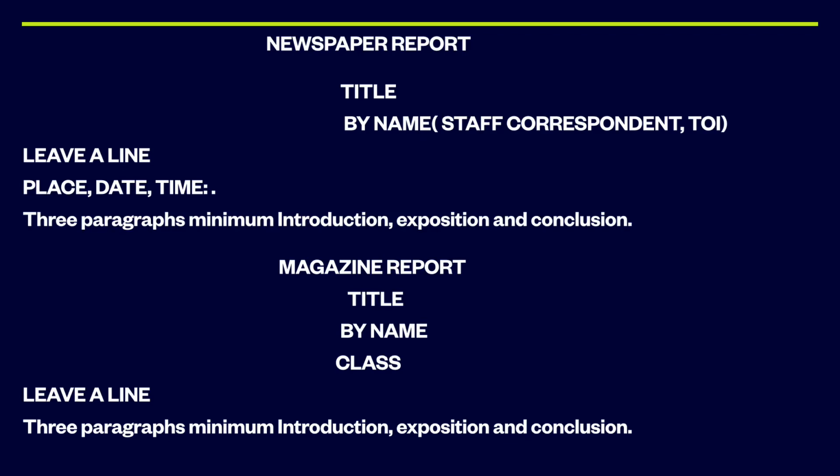You can either write it this way or you can write the complete name, the Times of India, the Hindustan Times or the Hindu. Now leave a line and then you write the place, date and time when this report is being written. Without leaving a line, just after the colon, you start with your report.